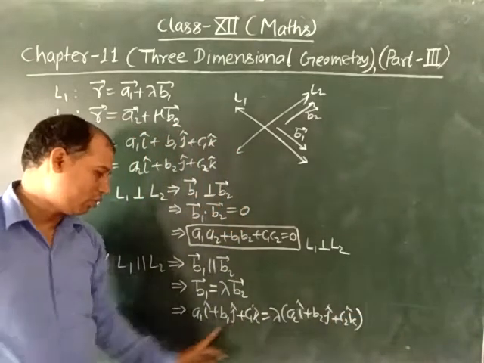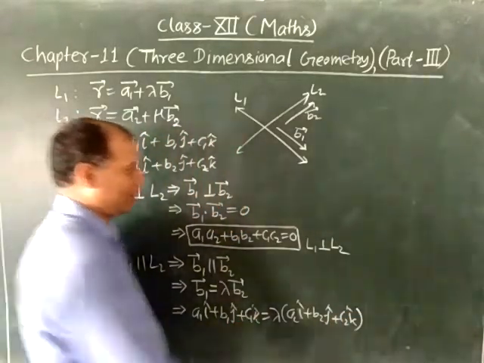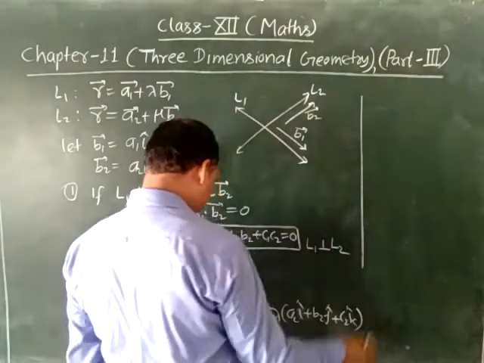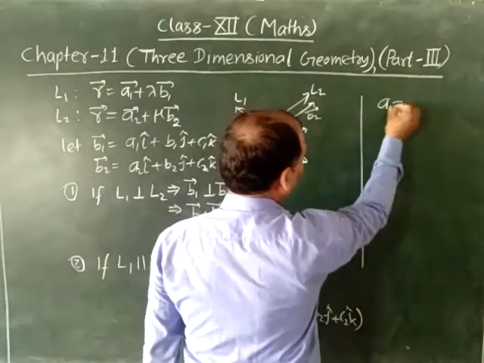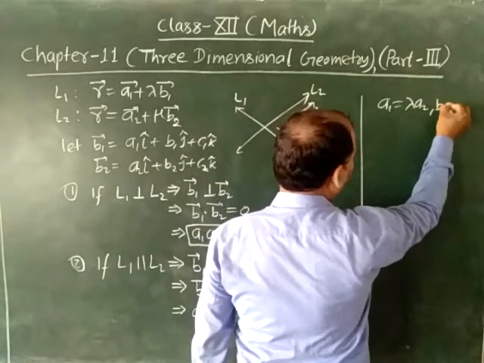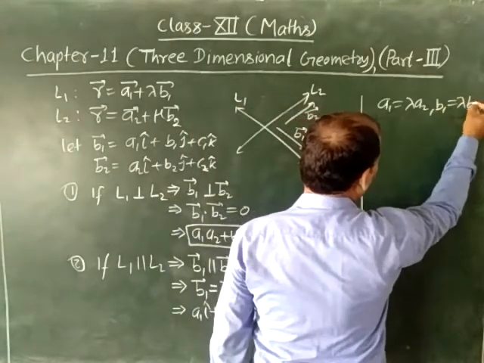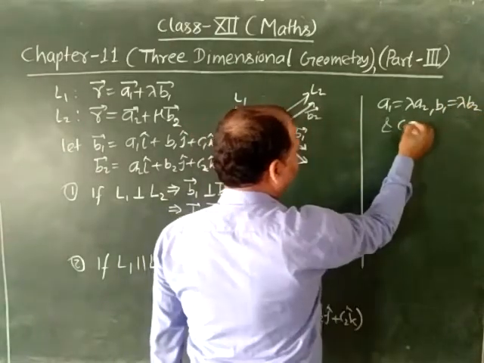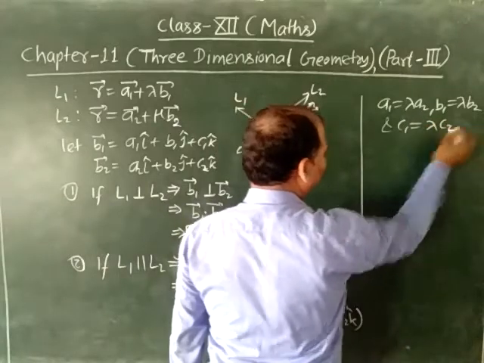Now equating the coefficients of i, j and k, we can write a1 equal to lambda a2, b1 equal to lambda b2 and c1 equal to lambda c2.